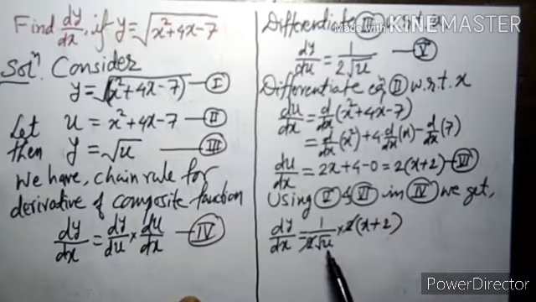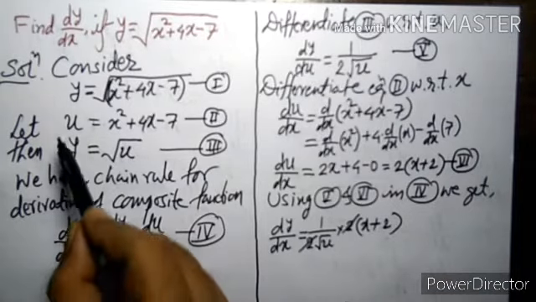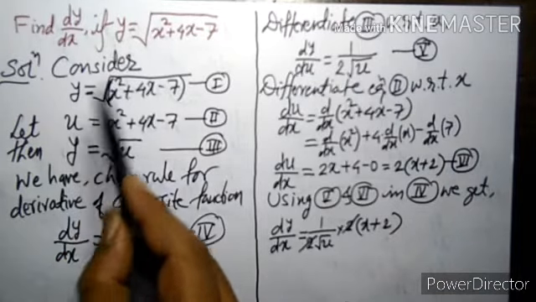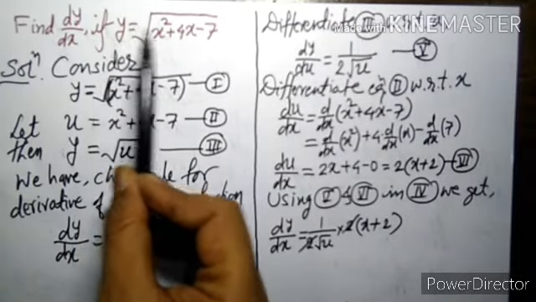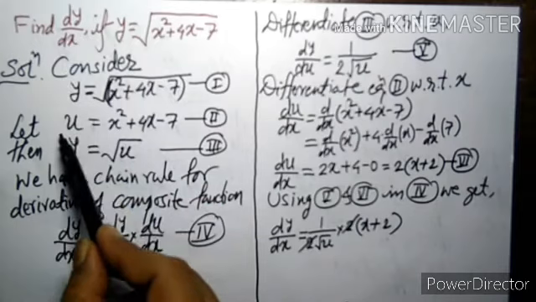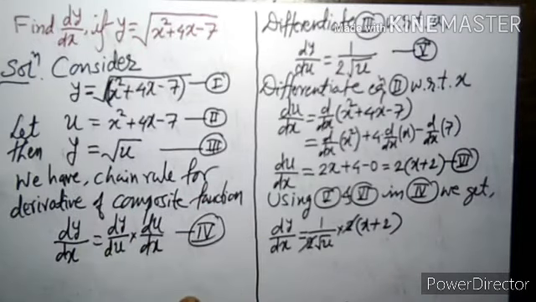But before that, see, we have used the variable u. It is not given in the question. In the question, the function is in the form of y and x. We have introduced u. Now we have to take it out. So we'll replace the value of u again.